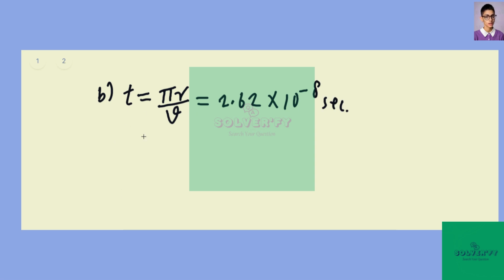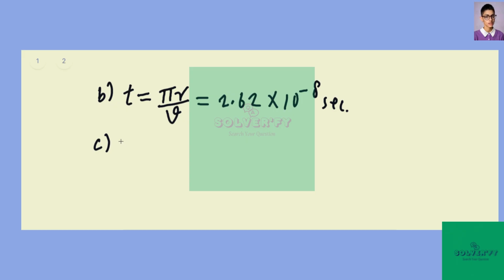Now we have the next part, which is part C. If we apply the electric field, we want to find the potential difference that is needed to move a deuteron from rest to acquire that speed, which is 8.33 times 10 to the 5 meter per second that we got.